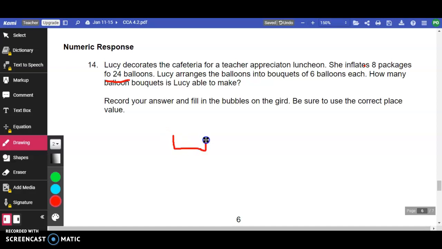Okay. So I have bags, right? And there's 8 of them. There's 8 of these bags, and in each bag there are 24 balloons. And when I do that, I will find out how many total balloons there are.